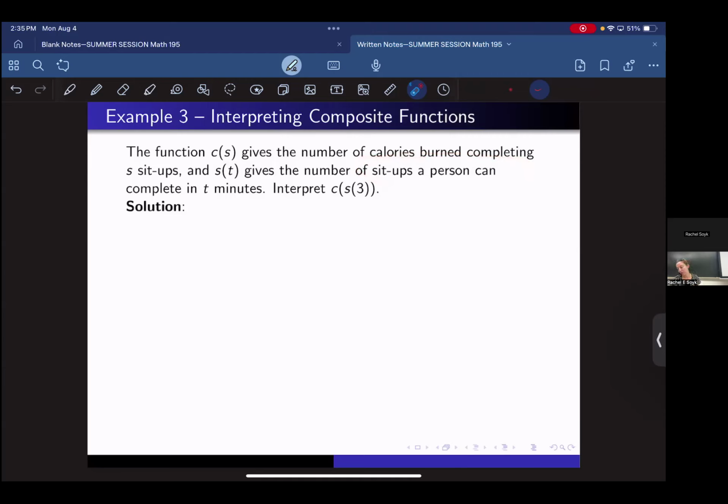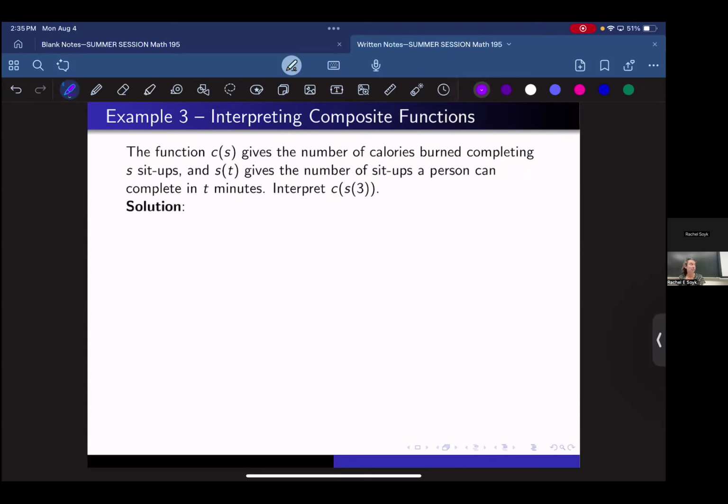So we want to interpret C of S of 3. That's kind of cool. It's a great example, by the way. I'm also looking at these questions for the first time with you, so it's exciting for me as well.